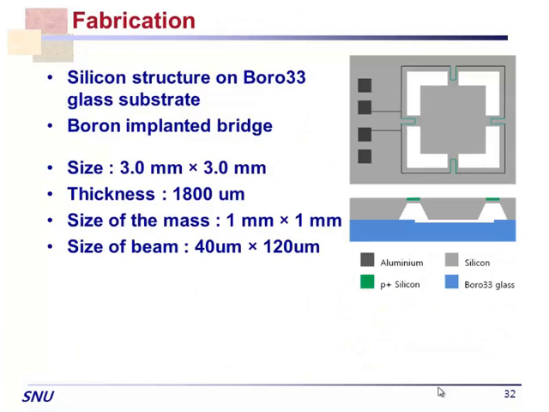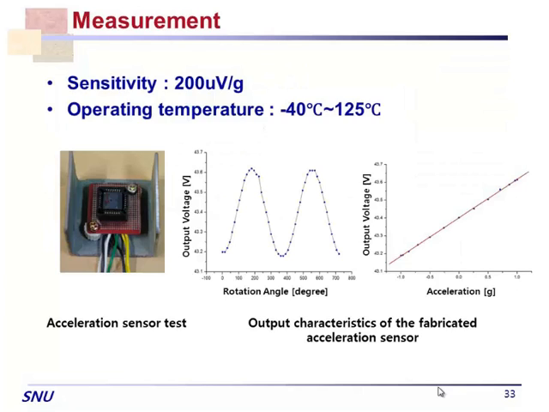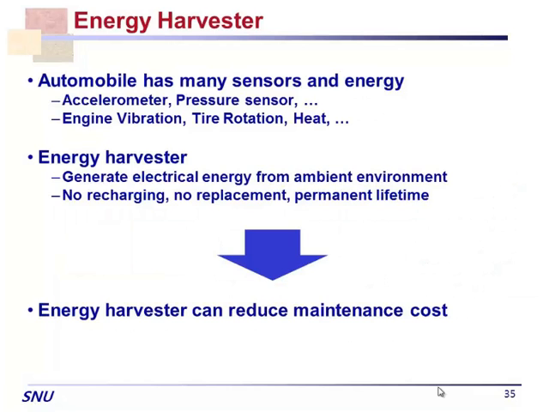And we use a bridge circuit. So it's a silicon structure on a bonded glass, and then it's boron implanted for the bridge, and the size is 3 millimeters on each side, and the mass is about 1 millimeter. So we had about 200 microvolt per G of sensitivity, and that is quite a linear output as expected.